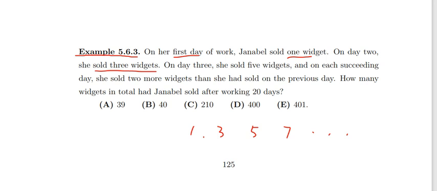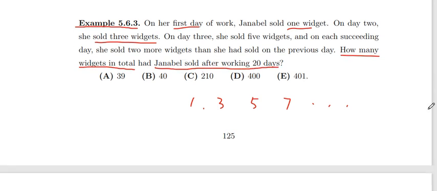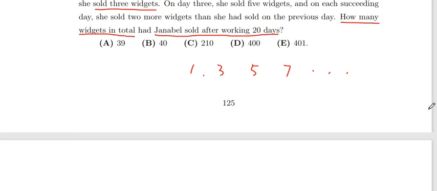So what is the question? How many total had this guy solved after working 20 days? Suppose this is A1, and this is A20, so we need to find the sum A1 plus A2 up to A20, right?